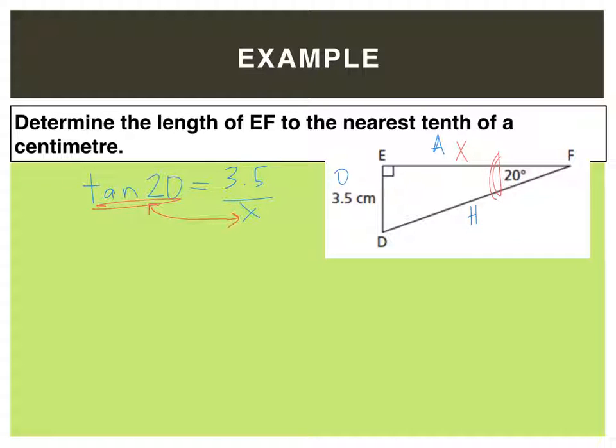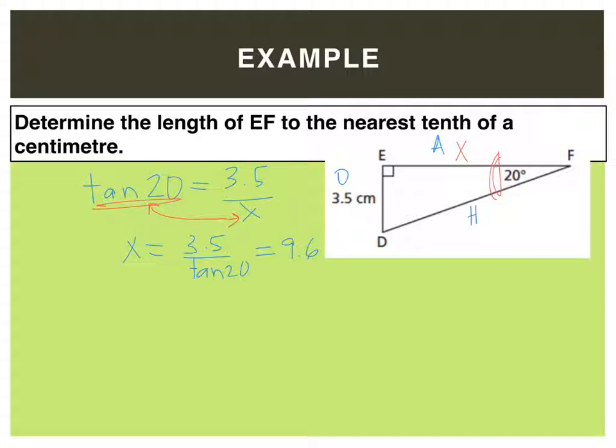So instead I have x equals 3.5 over tan 20, which means 3.5 divided by tan 20. So I type into my calculator 3.5 divided by tan 20, and I do get 9.6. So my answer is 9.6.